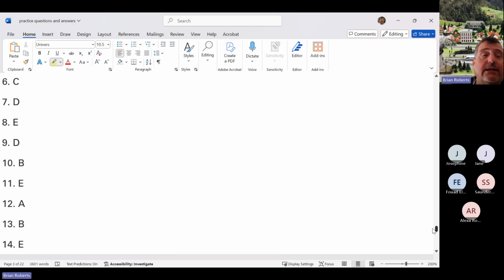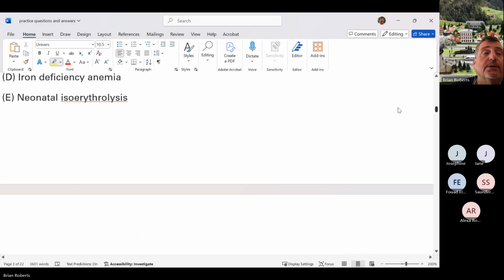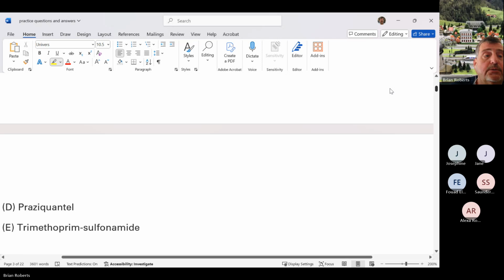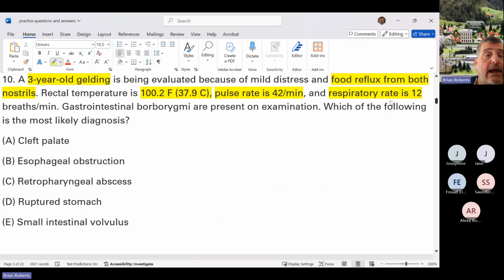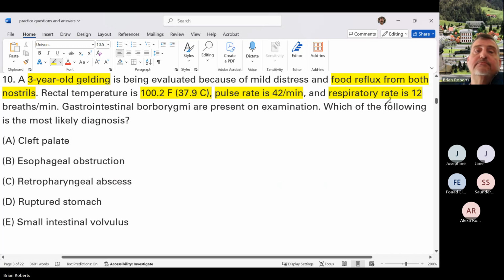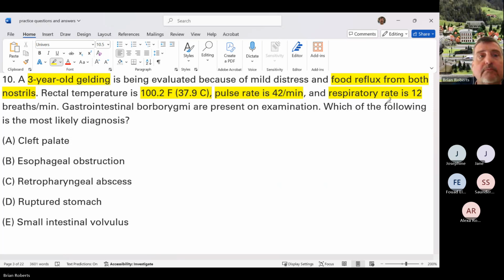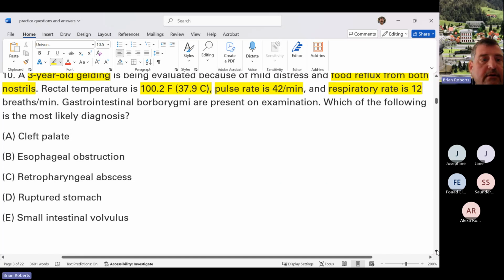Was that 10? Oh, you're right. It is B. Excellent. Yeah, because we have reflux. Horses cannot vomit. So yeah, no esophageal obstruction. All right.